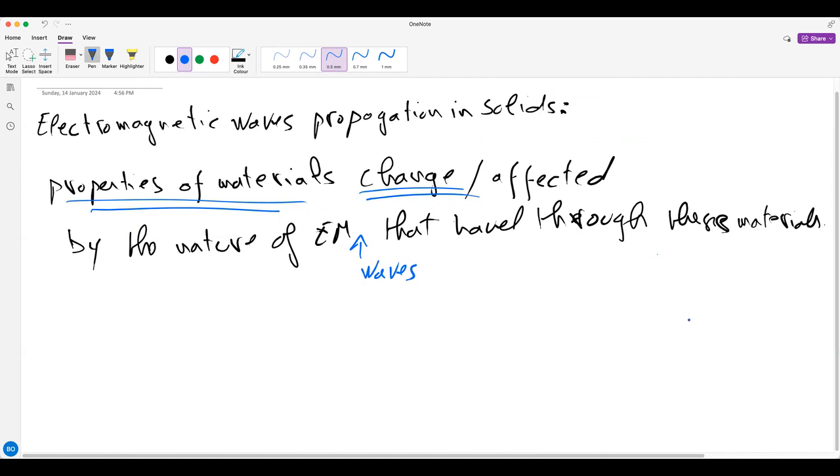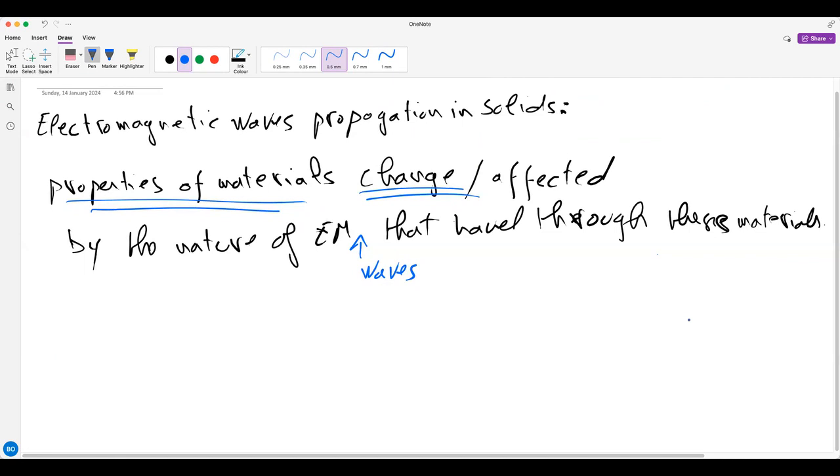What does an electromagnetic wave have? It has a wavelength, a frequency, an angular frequency, and a magnitude. And the material is characterized by the permeability, the permittivity, the conductivity, the resistivity, etc.